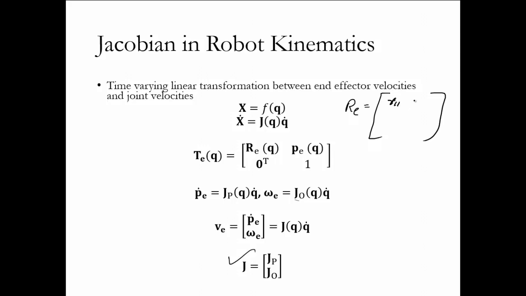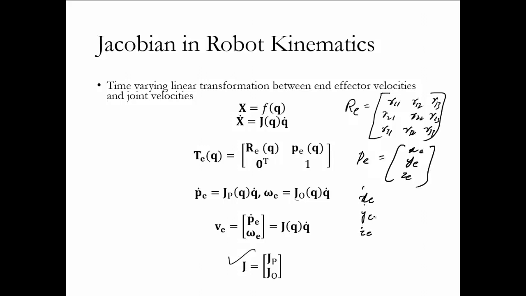So it's something like R11, R21, R22, R31, R32, R33. And PE is equal to, let's say, XE, YE, and ZE. Now, doing the differentiation of this would give us XE dot, YE dot, and ZE dot.